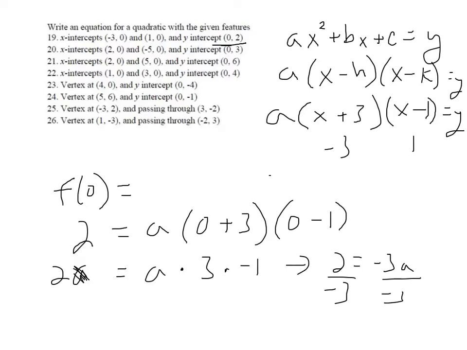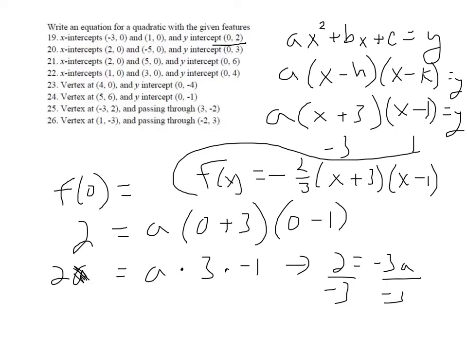So my function for number 19 is -2/3 times x plus 3 times x minus 1. It's certainly perfectly acceptable to leave that function in that form, again, unless this is a MyOpenMath question where you're going to FOIL it out. Okay, so I hope that helps there.